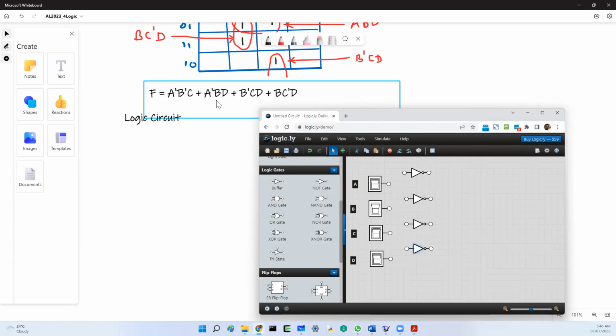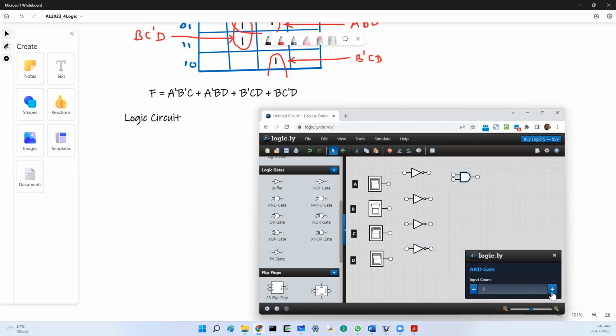Then, this one is a sum of products. So the product is the main one, so we need some AND gates. And remember, we have to have 4 AND gates.